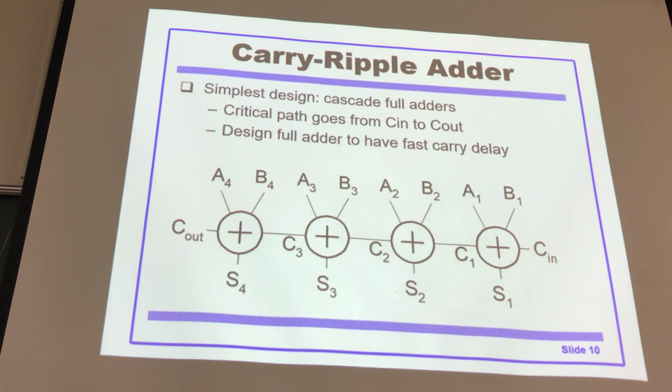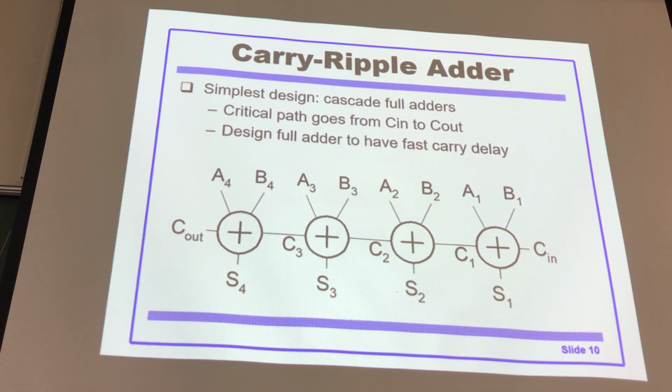If you implement a 4-bit adder like this, with A, B, and carry in, generating sum and carry out, then you get one big 4-bit adder. That's the typical adder design called a carry ripple adder. But this circuit is slow. Why is it slow?